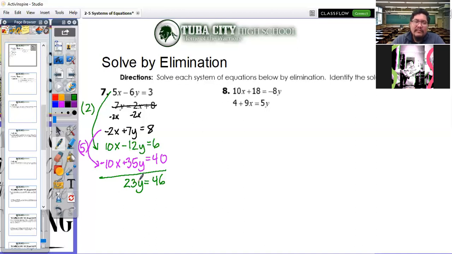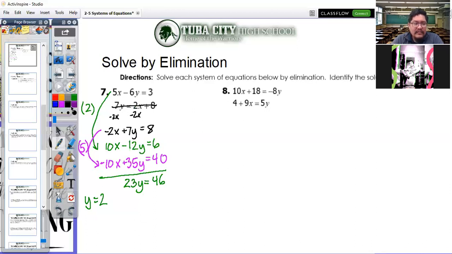What number can I multiply by 23 to get 46? If I double it, y equals 2, because 2 times 23 is 46. And now we got the first part of the solution. Let's plug it back in and get the other one.